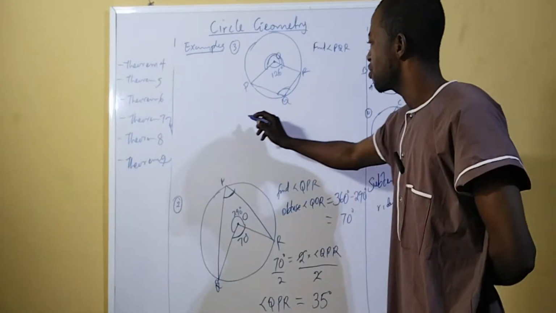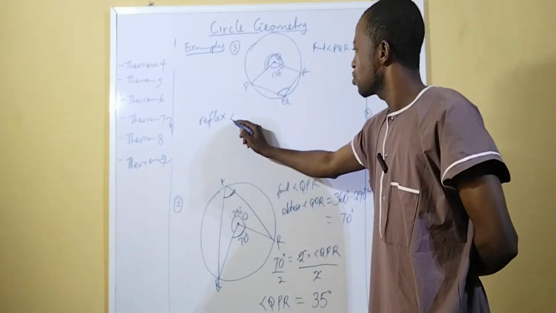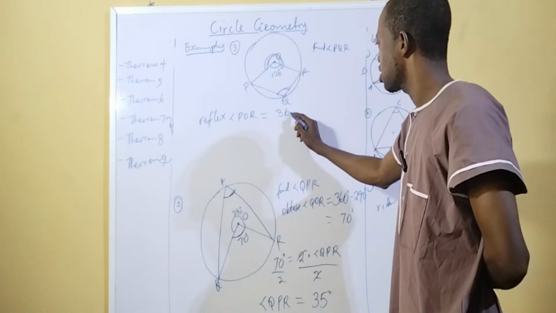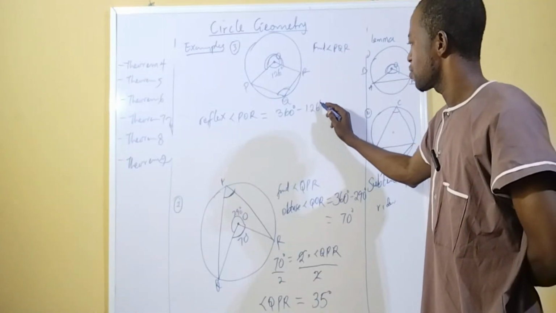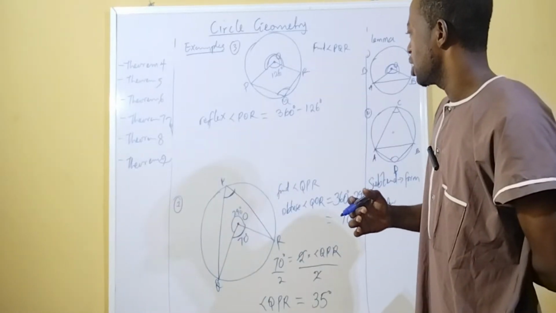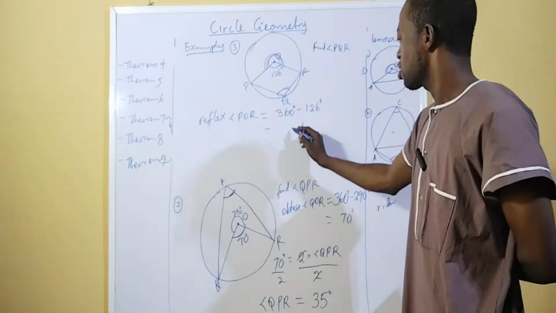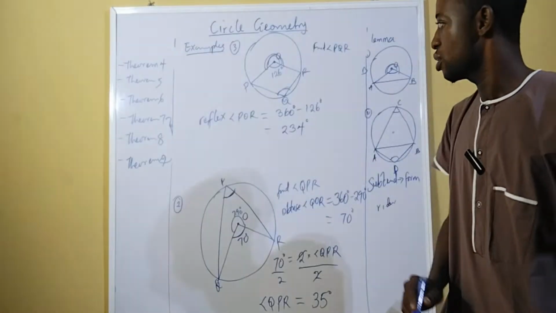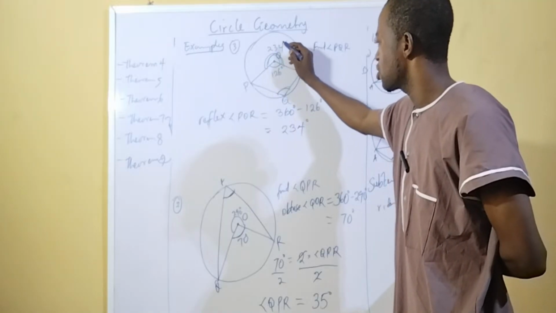So we can say the reflex angle POR there will be 360 degrees minus 126 degrees. So we subtract here now. Then here this becomes 4, 3, 2. That's 234 degrees. So this angle here now is 234 degrees.